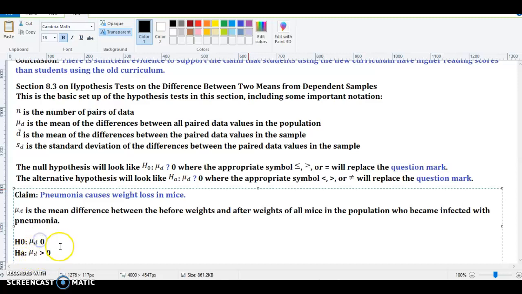Okay, so that means weight loss occurred, so the before weight was greater than the after weight, meaning that the mean difference in the entire population would be greater than 0. Then the opposite of greater than is not greater than, which is less than or equal to. So we're going to use a less than or equal to symbol in the null hypothesis. So we're going to select the answer choice that has the same setup we have here.